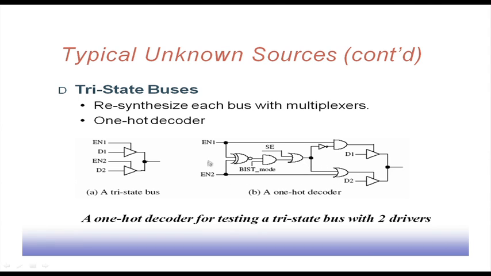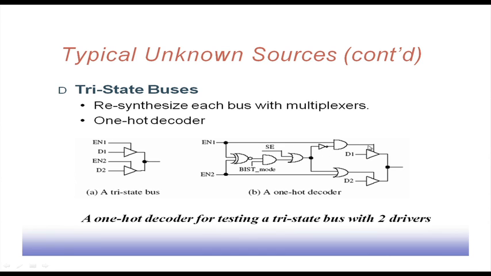But suppose EN1 and EN2 both are 1. In that case EN2 will come here. This is an OR gate, so EN2 will be 1, but at this point, with EN1 and EN2 both being 1, this is 0. And with this scan enable signal being 1, this is 0.